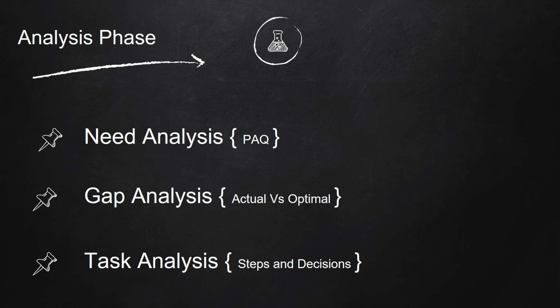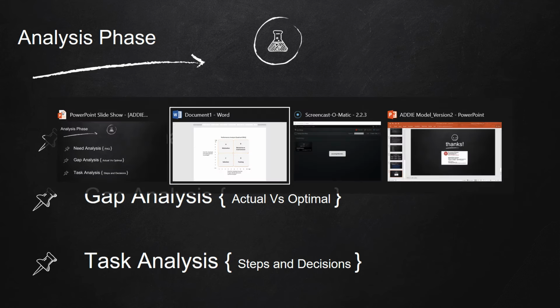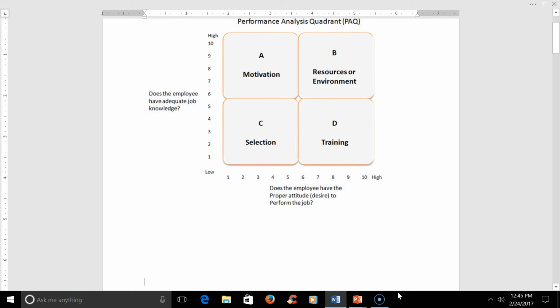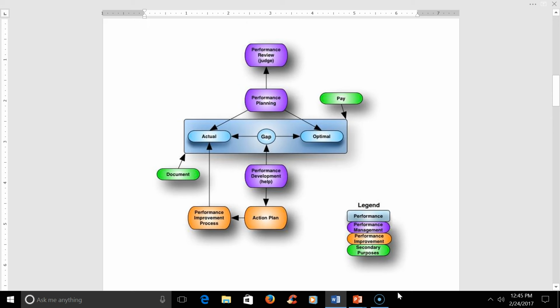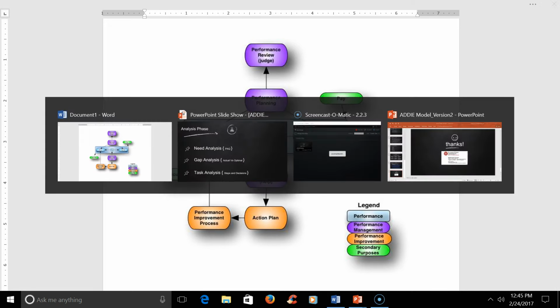So this is very important. This is the gap analysis we do in the organization. So we have actual, optimal, we have performance development and the action plan to improve the performance.